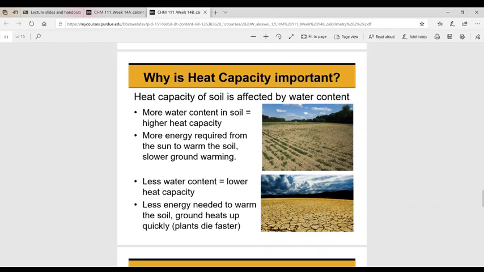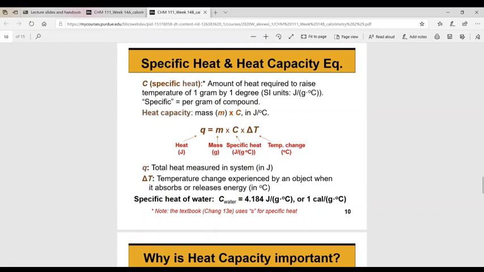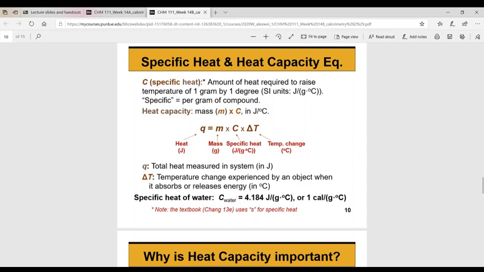what is heat capacity and why is it important? If we take a look at the formula, heat equals mass times the specific heat times the change in temperature, or delta T. If we go specifically to the specific heat and what units it has, you can see that it has units of joules, which expresses nothing but energy, per gram times degrees Celsius.